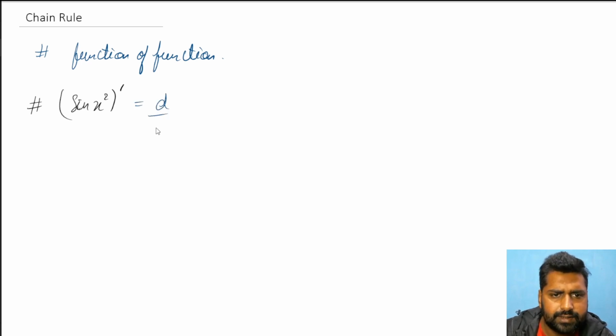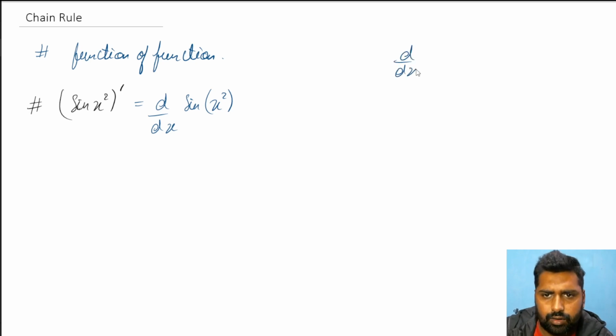So basically, the meaning is dy/dx of sin x square. Now how do we do this? We cannot differentiate sin x square with respect to x directly. The idea is that d/dx of sin x is cos x. Means if only x was present, then the differentiation was cos x.